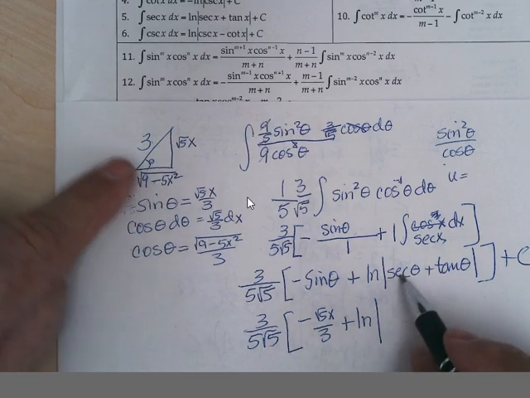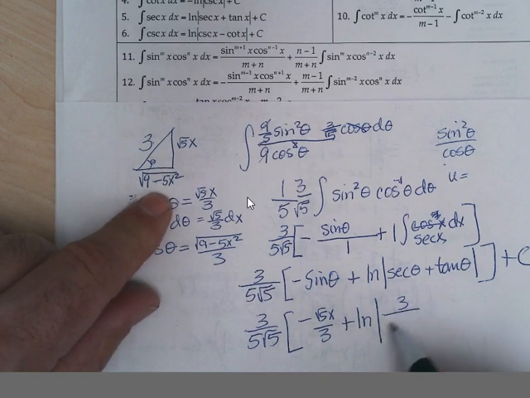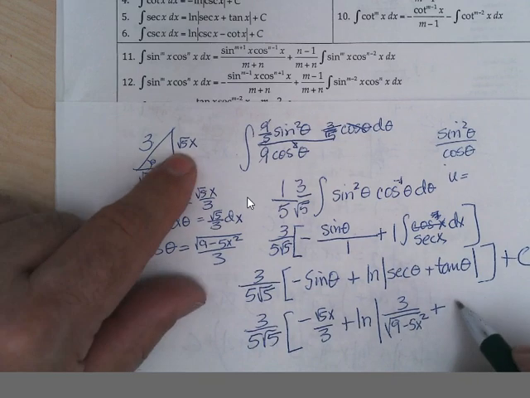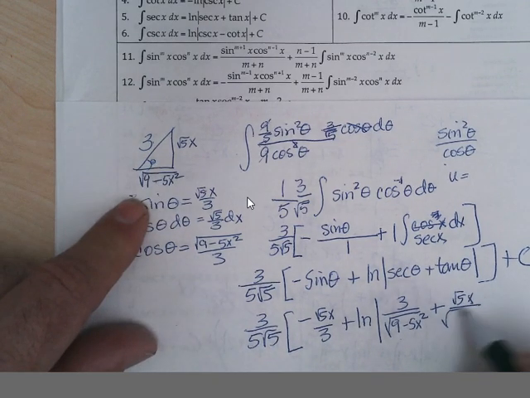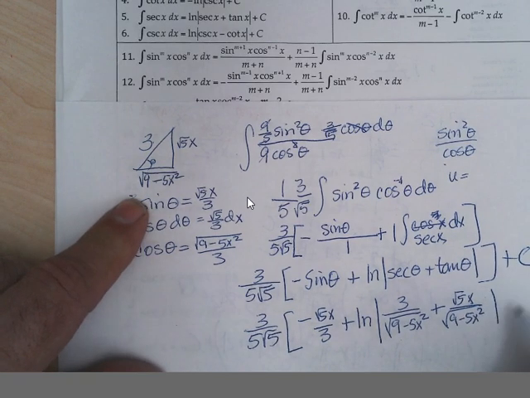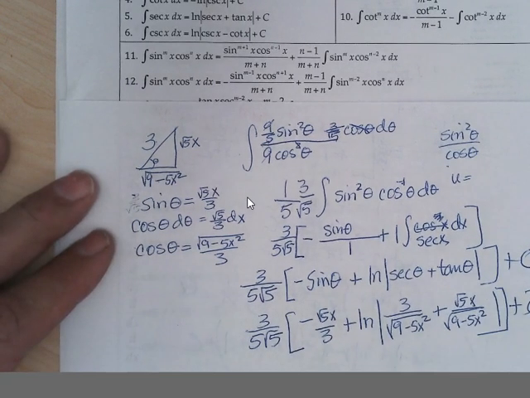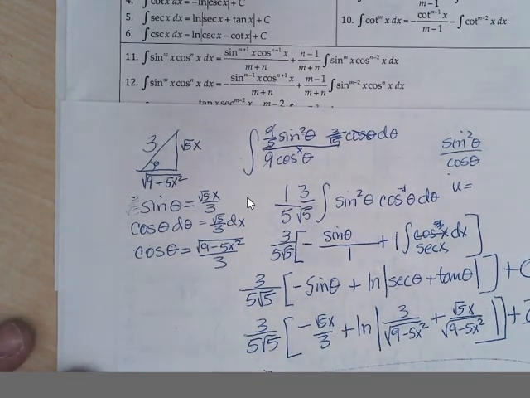Secant is hypotenuse over adjacent: 3 over the square root of 9 minus 5x squared, plus tangent, which is square root of 5x over square root of 9 minus 5x squared, plus c. I drew it backwards. I don't know why. I was thinking of the bracket here. So that would be that one.